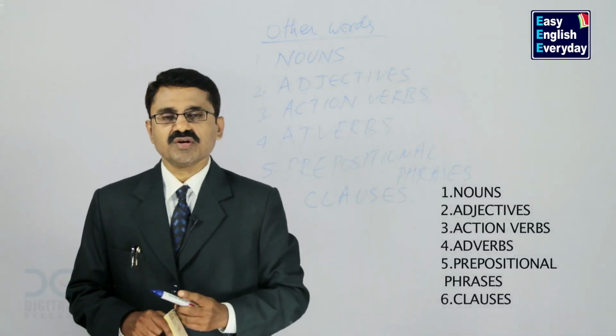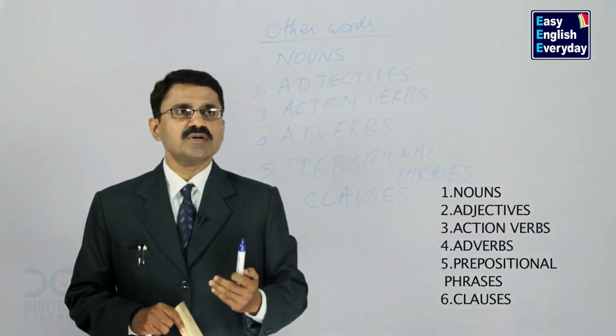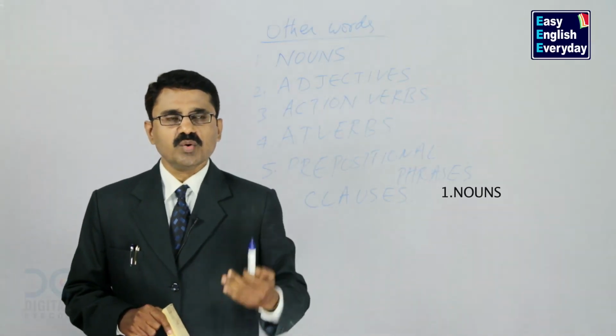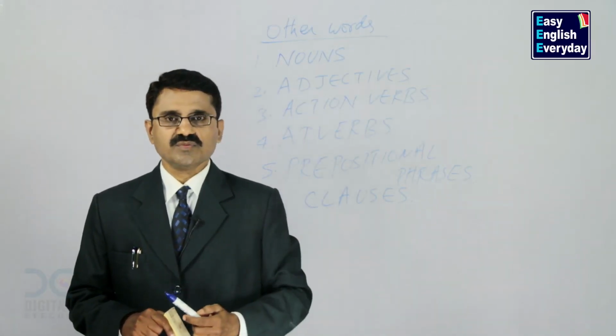These are the things which come under the other category. By using minimum terminology, step by step, we shall learn about all of these. They come under other words category.